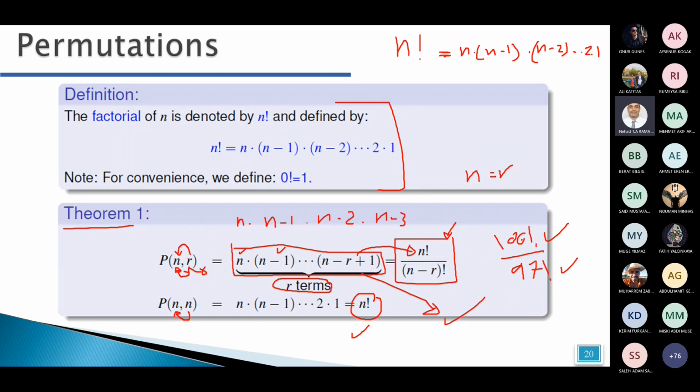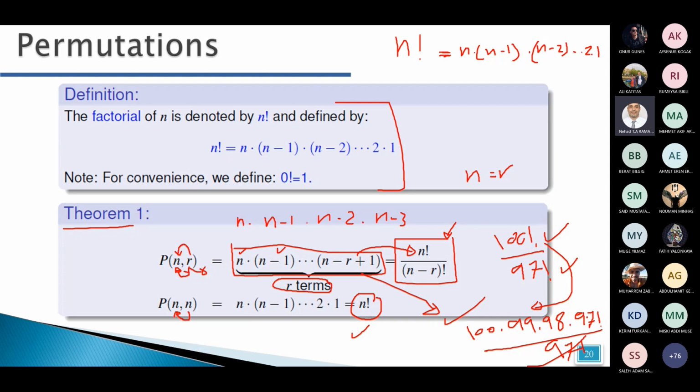But actually it comes like this: 100 multiplied by 99 multiplied by 98 multiplied by 97 factorial, divided by 97 factorial.